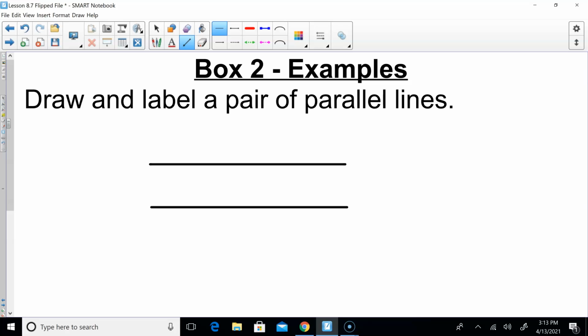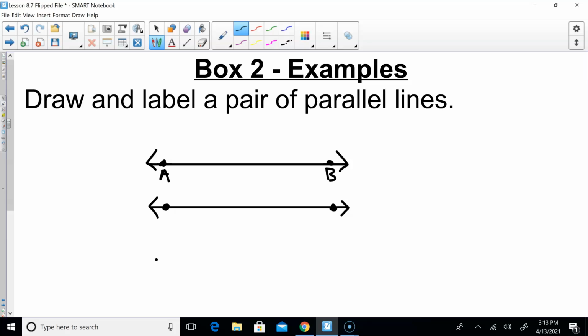Those are never going to touch each other, but in order to make them lines, I need to make sure that I have some endings. So now I will add arrows, because lines go on forever, so I have a line right here and a line right there. I can also give them names. I'm going to label this line AB, and I'm going to label this line, I know what you're thinking, CD.